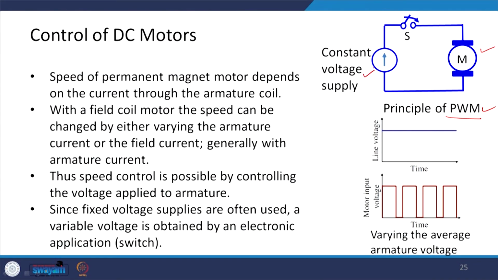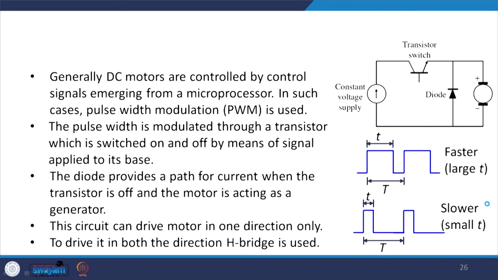So, you have a motor, you have a voltage source, and there is a switch. So, with the help of this switch basically we try to supply the variable voltage, okay. So, this is the line voltage which is a constant which is available, and with the help of PWM, this is the variable voltage we try to supply and try to control the motor.